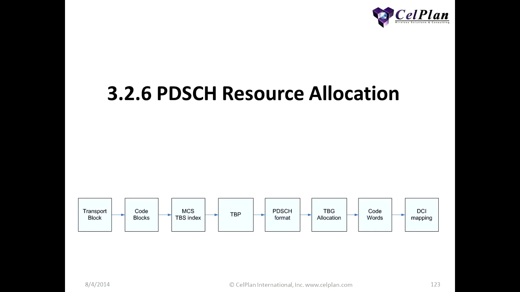Well, the next topic is very, very important: how resource allocation is done in the PDSCH channel. Basically how signaling and user data is allocated. Unfortunately, it's extremely complex. So I will try to explain it here the best way possible.